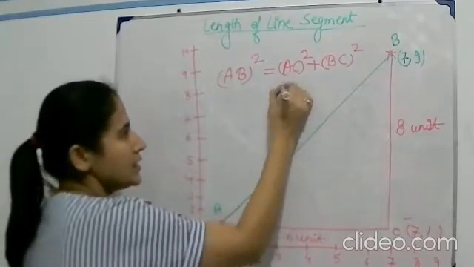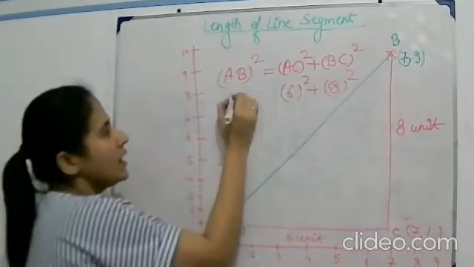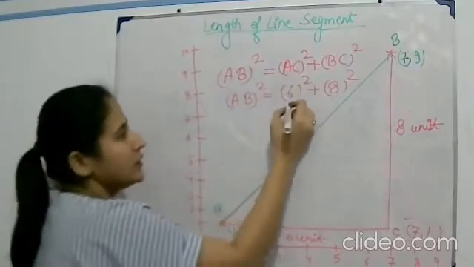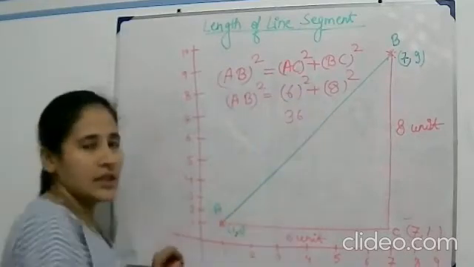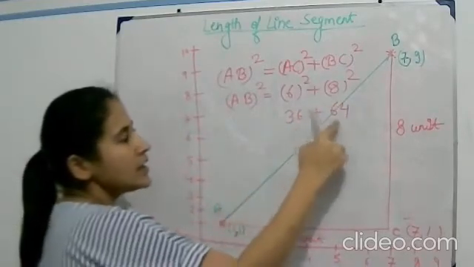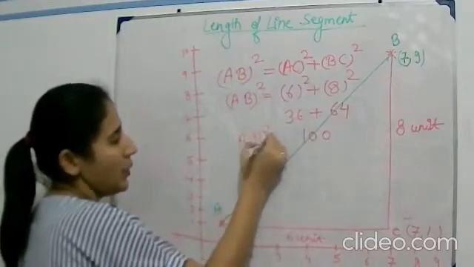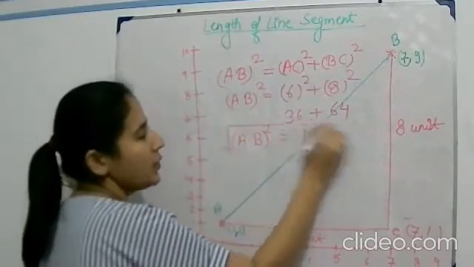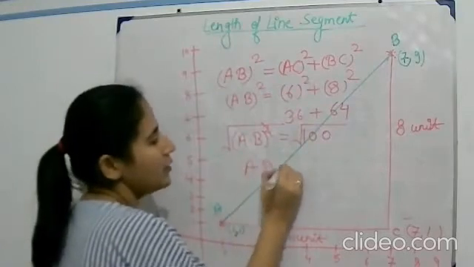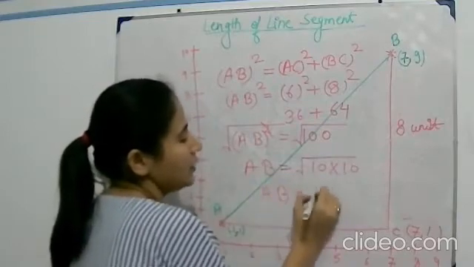AC is 6 square, BC is 8 square, AB square. 6 square is 36, 8 square is 64. 36 plus 64 is 100. It is AB square. Take the square root on both sides. The square root will cancel out and AB will be equal to root of 100, which is 10 multiplied by 10. So AB is equal to 10 units.